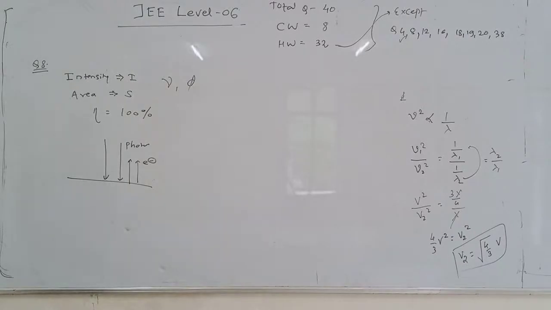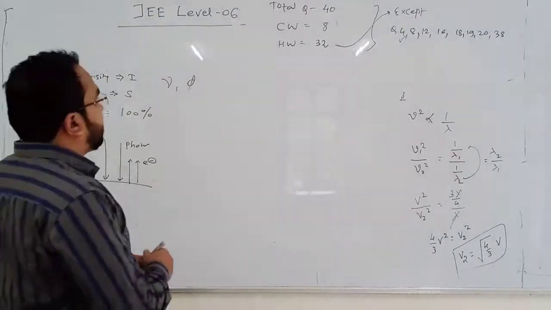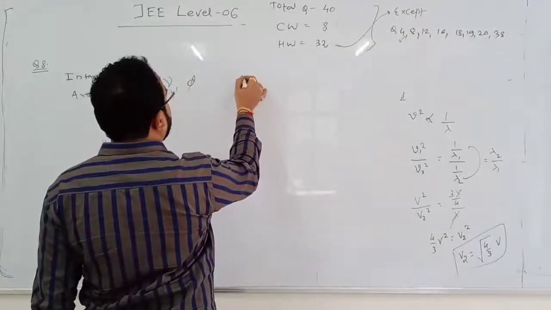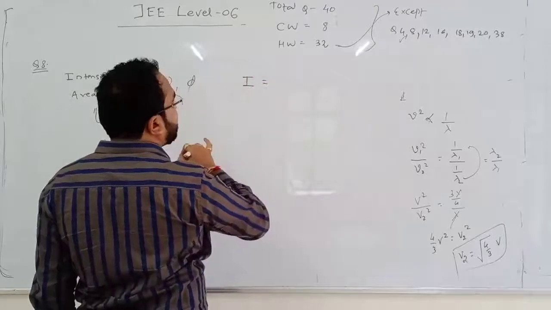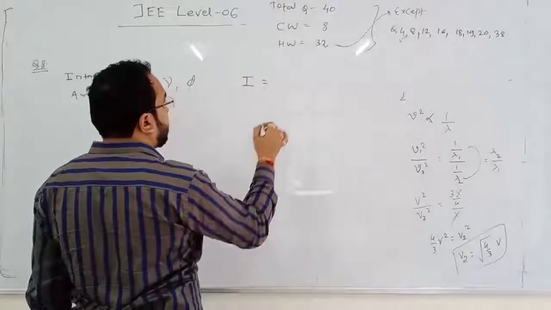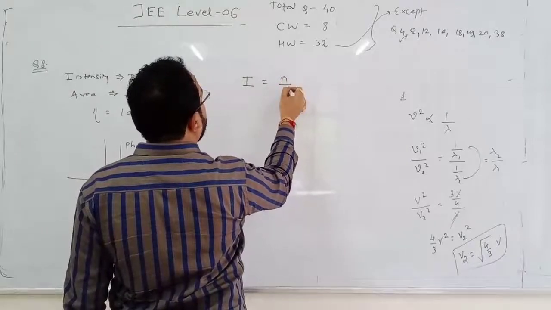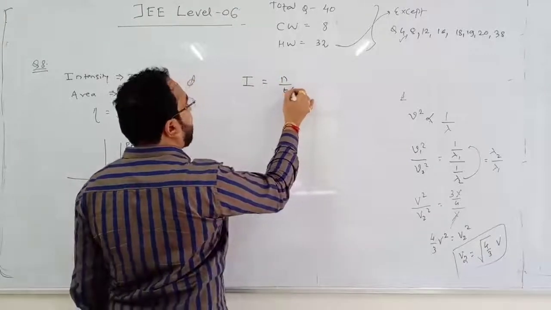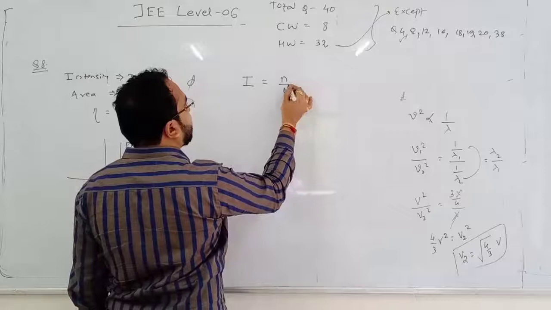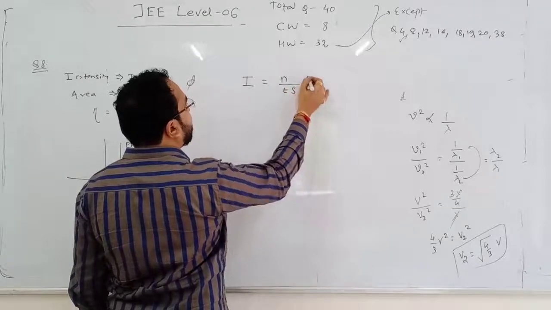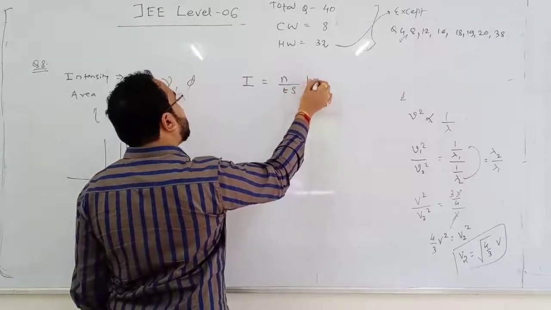So what we need to do is here, see, intensity जी त्याच्यावरती आली आहे, intensity that is power is N upon t upon area is S. Area is S आणि काय असतं h mu.